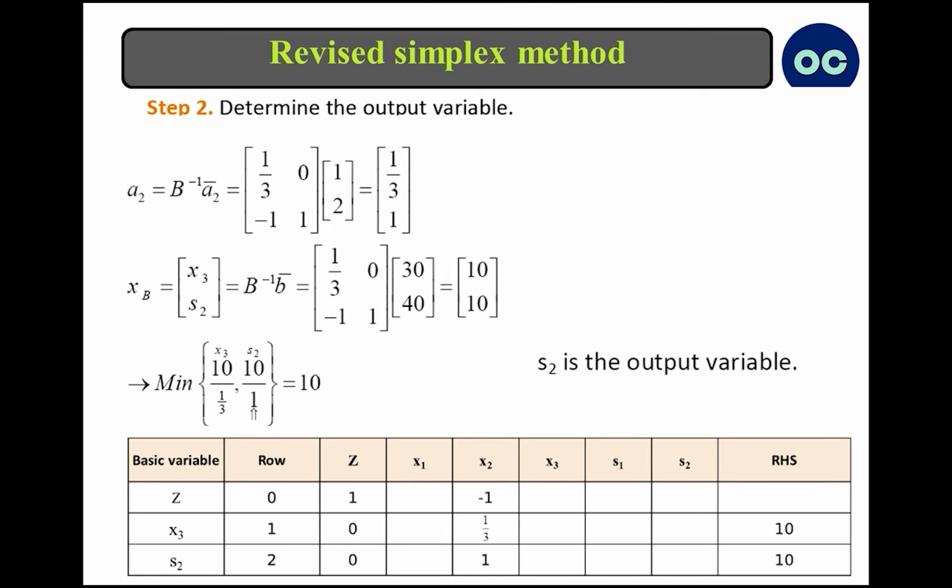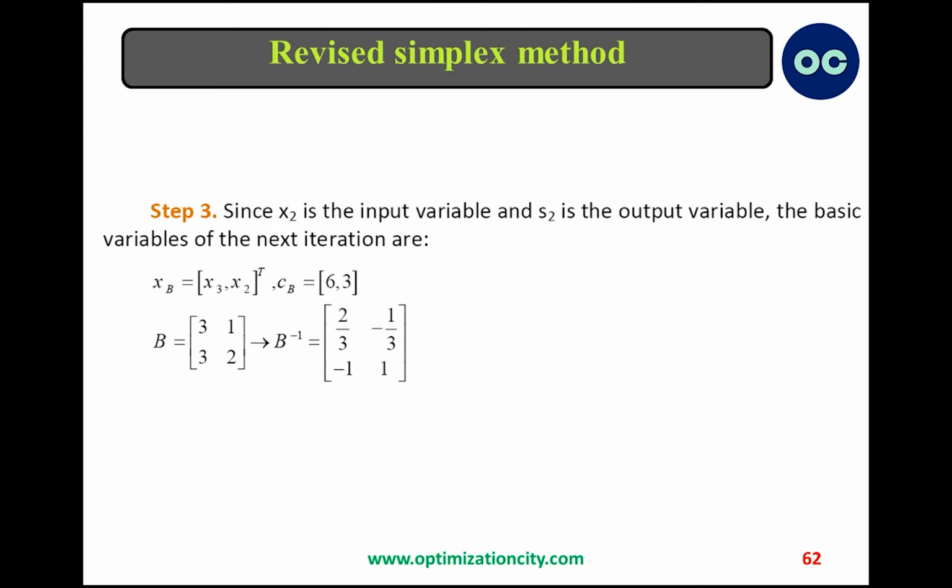In step 2, we determine the output variable. We do the ratio test, and you can find that S2 is the output variable because it has the minimum value in the ratio test. In step 3, we calculate the new B inverse and xB. Because x2 is the input variable and s2 is the output variable, the basic variables for the next iteration are as follows.